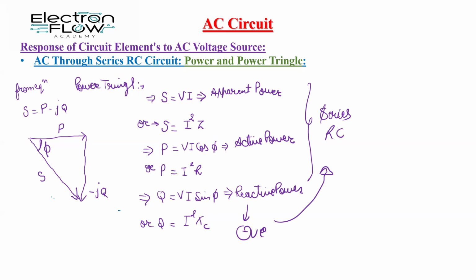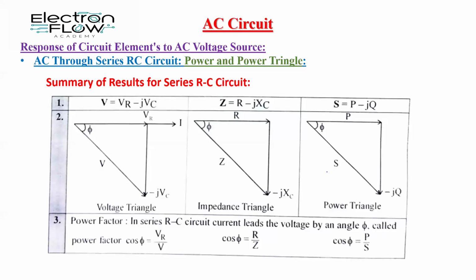Overall, the summary of the results for the series RC circuit: first we calculated the voltage equation, secondly we found the impedance equation, and lastly we found the power equation.